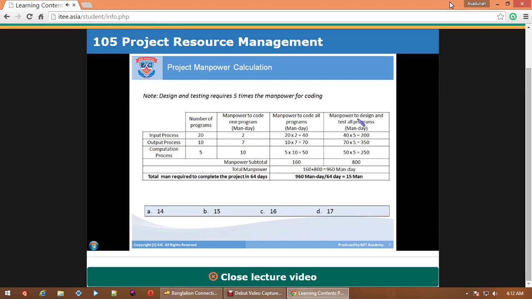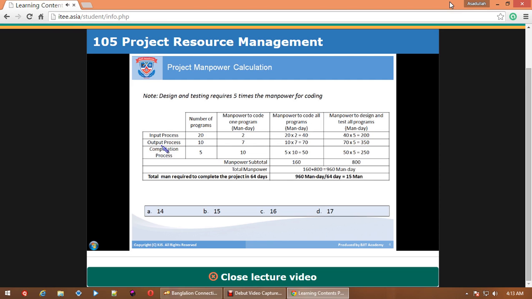Now manpower to design and test all these programs, based on this relationship, that is design and testing requires 5 times the manpower for coding, we need 40 into 5 times, that is 200 man days.